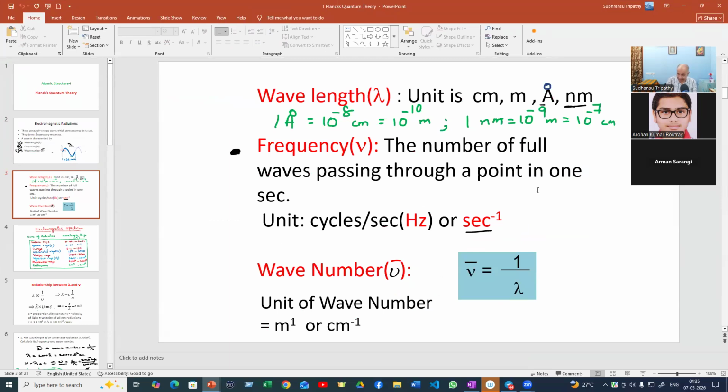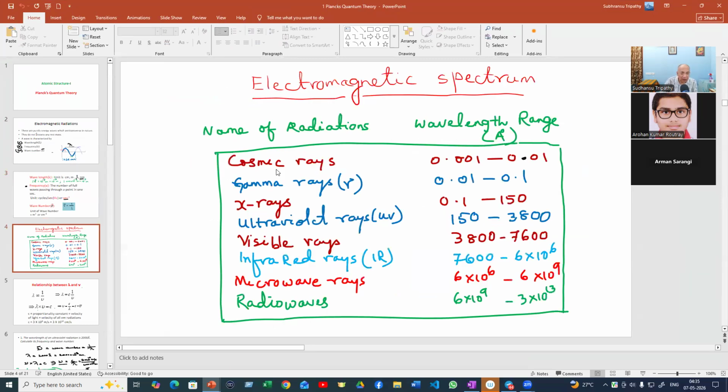These are the 1, 2, 3, 4, 5, 6, 7, 8 electromagnetic radiations in increasing order of their wavelengths. This wavelength is in angstrom. So the lowest wavelength electromagnetic waves is called cosmic waves. They are released from sun.